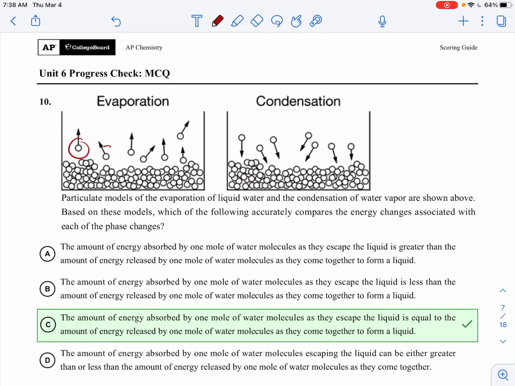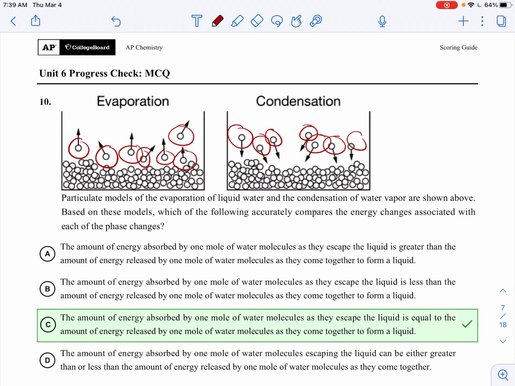Now notice here we got 1, 2, 3, 4, 5, 6, 7. So I have 7 water molecules evaporating and 7 water molecules condensing. That is a 1-to-1 ratio. So C is going to be the answer.